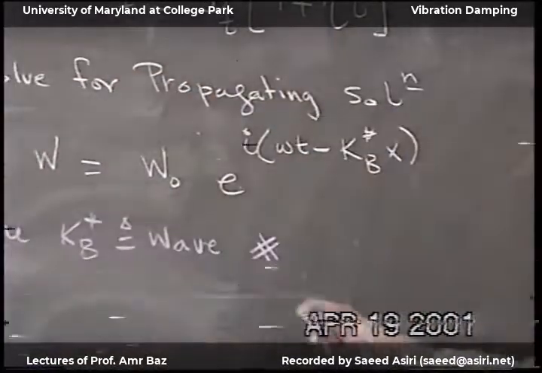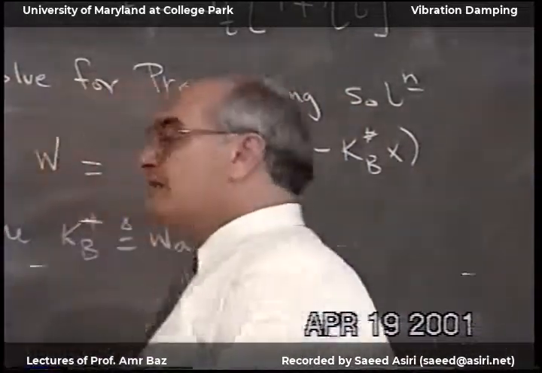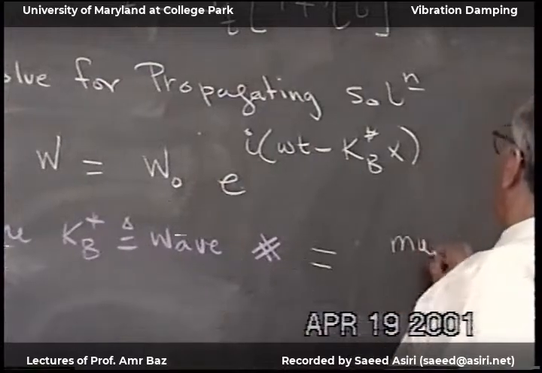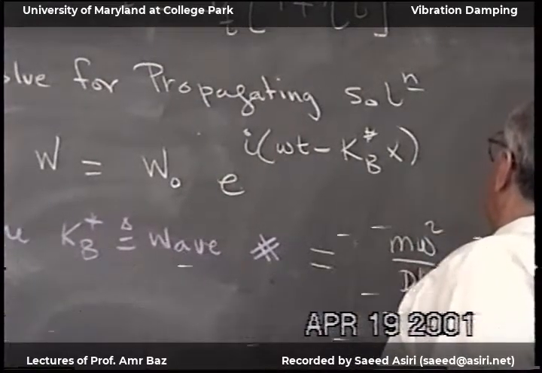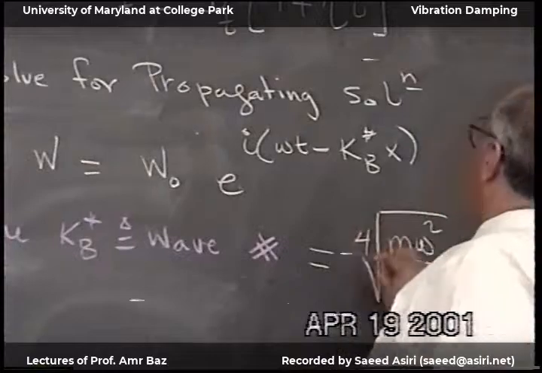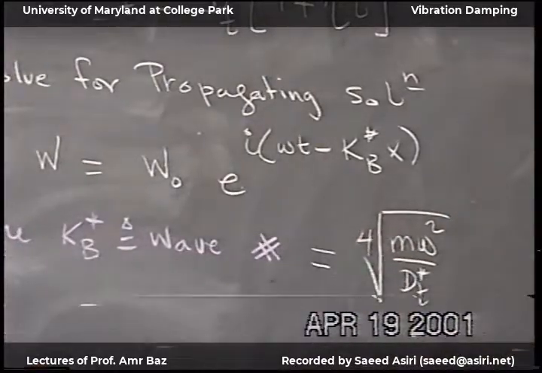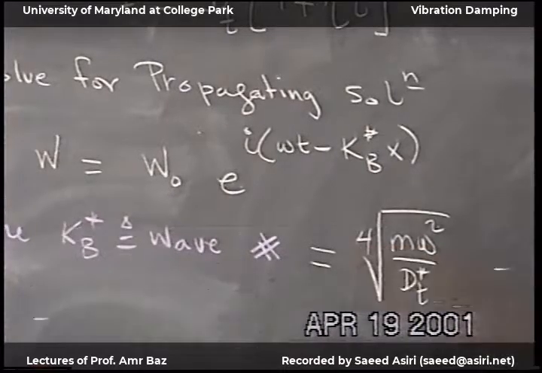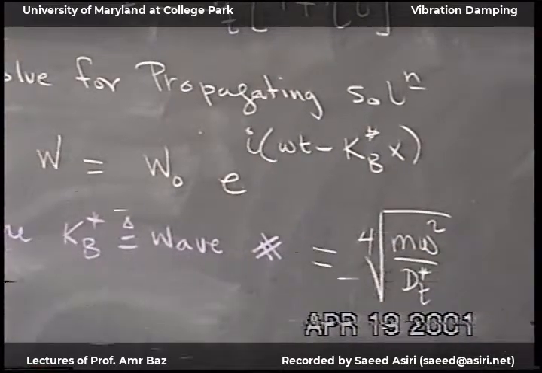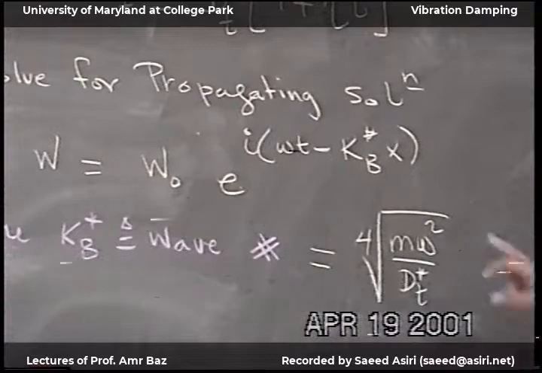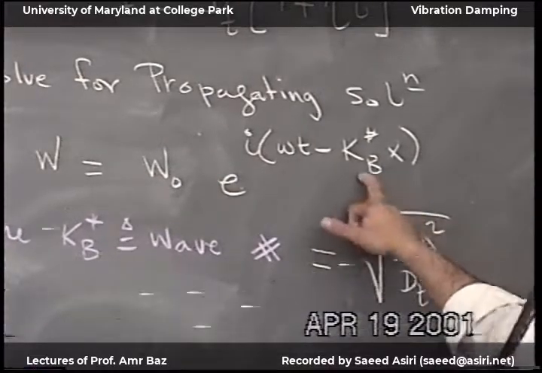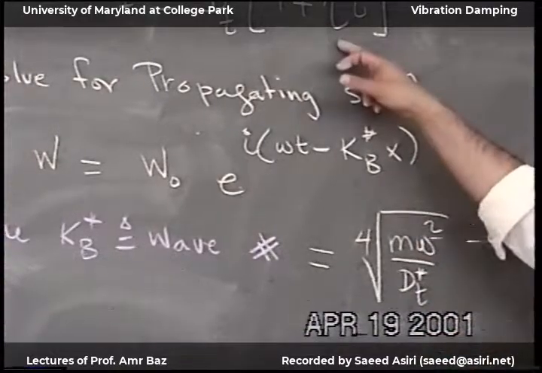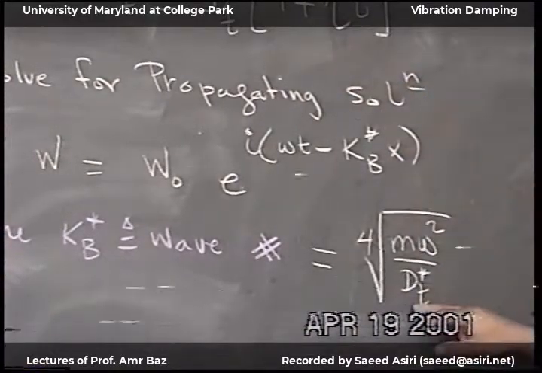And the wave number, we can get it from here, is equal to m omega squared over D_T asterisk, to the fourth power. Okay. Now this K_D will also have the complex effect of the loss factor, but it is in the denominator.